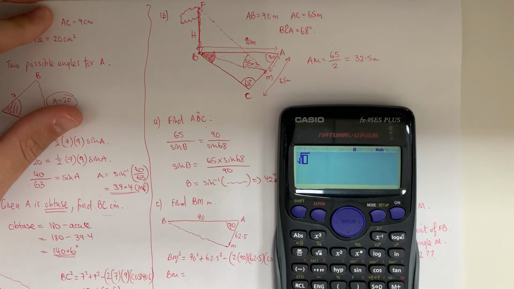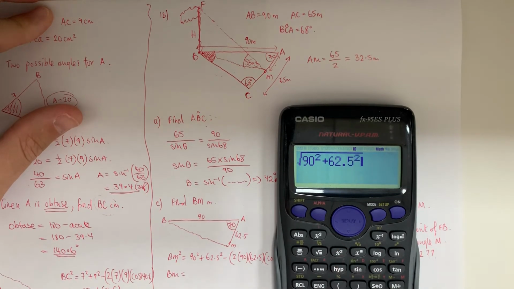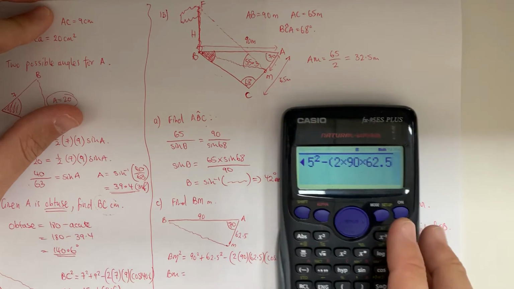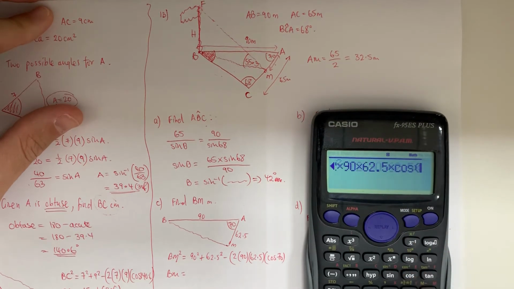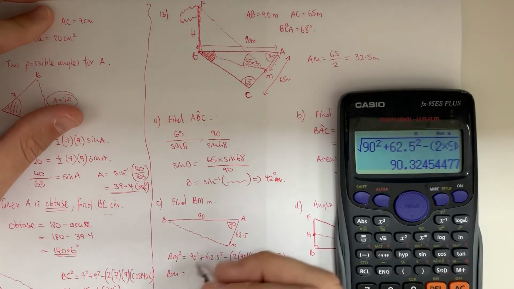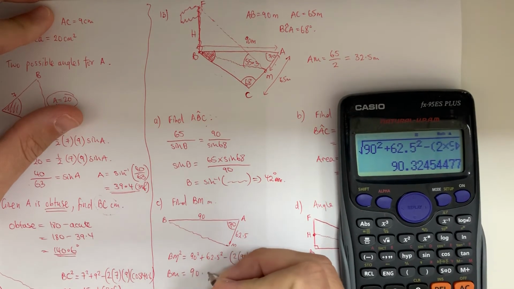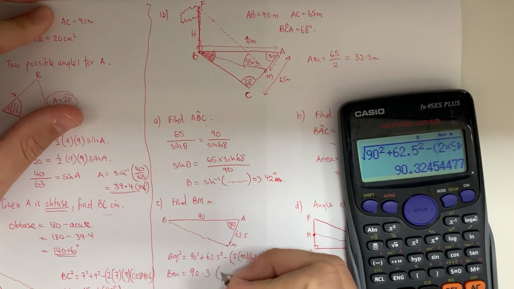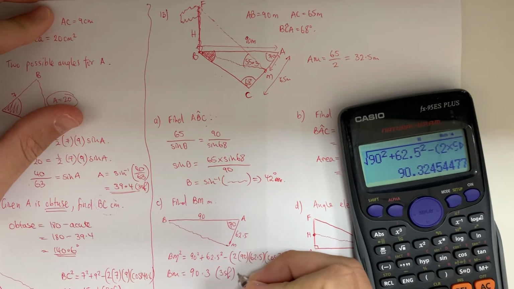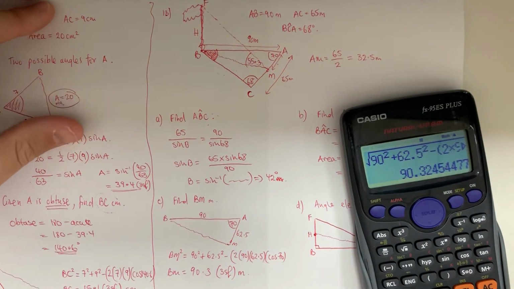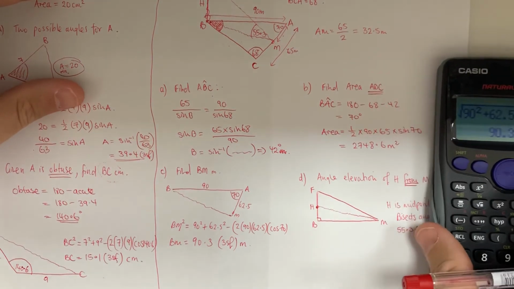Square root of 90 squared plus 32.5 squared minus bracket 2 times 90 times 32.5 times cos 70, which gives me 90.3 to 3 significant figures meters. So that gives me the length of BM.